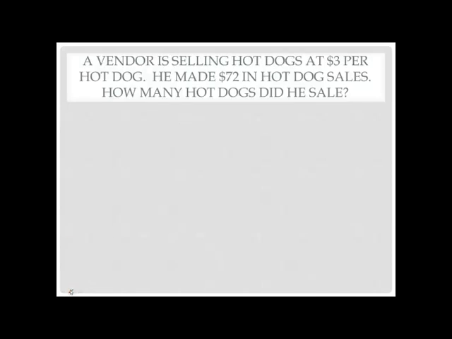Okay, what about this one here? Let's read through it. It says a vendor is selling hot dogs at $3 per hot dog. So we know every hot dog is $3 a piece. The vendor made $72 in hot dog sales. How many hot dogs did he sell? Well, let's let x equal the number of hot dogs sold.